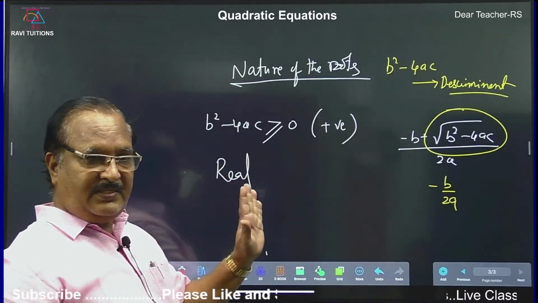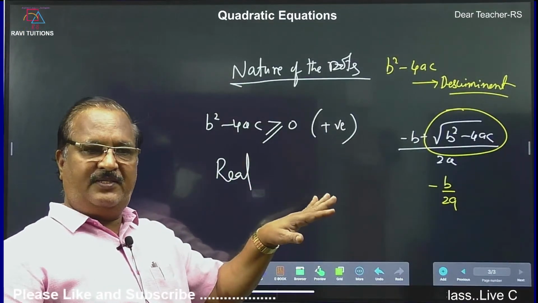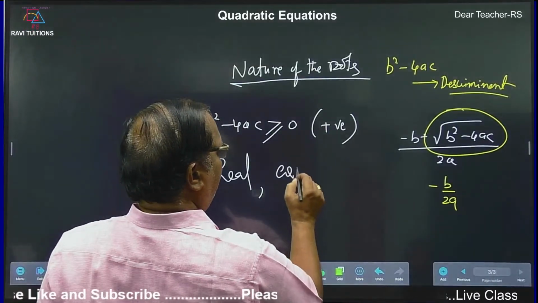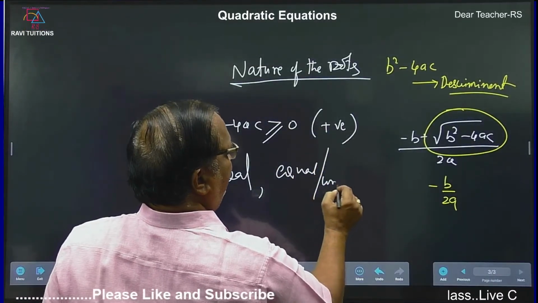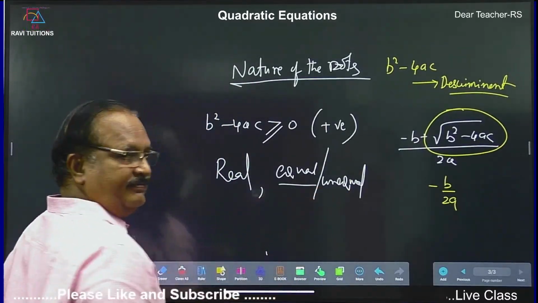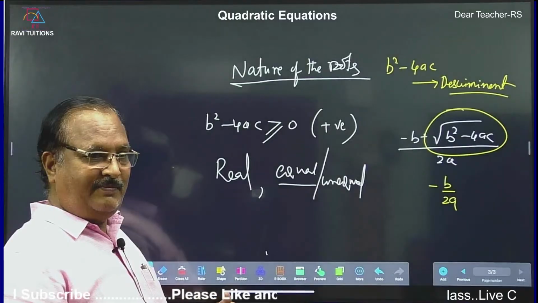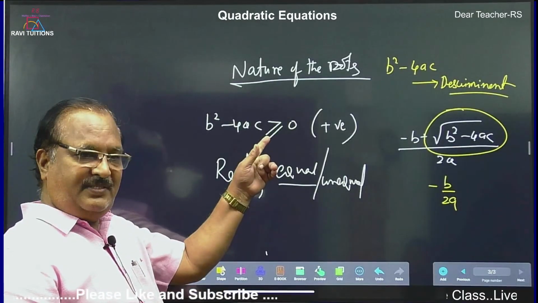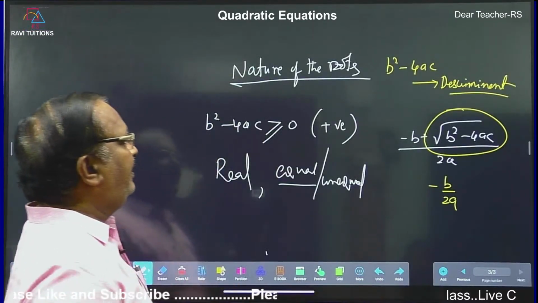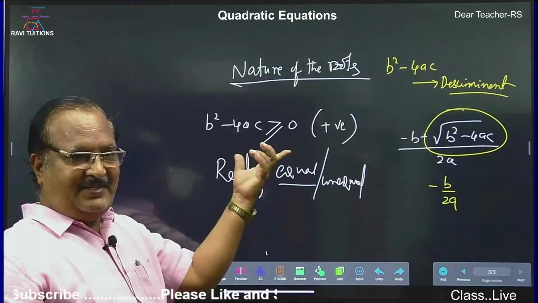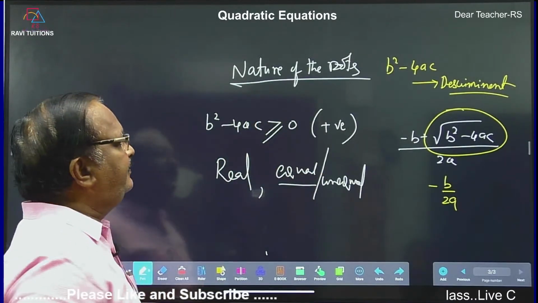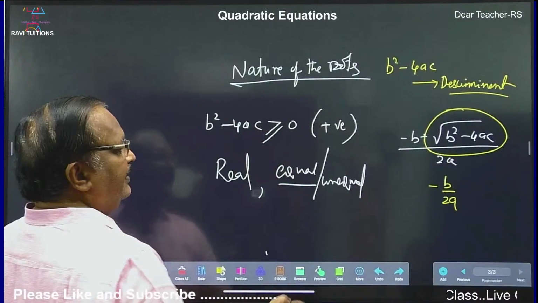Greater than or equal to 0 means 0 or more than 0, so always real. They may be equal or unequal. We don't know whether it is equal to 0 or greater than 0. If it is equal to 0, then equal; only if greater than 0, unequal.